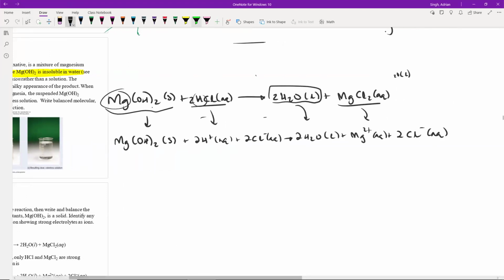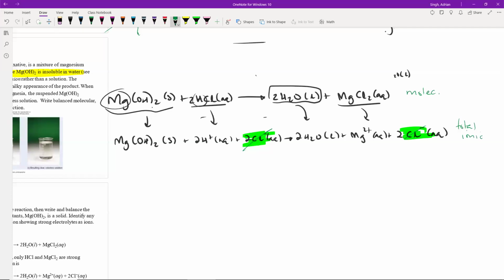Okay, so again, we look on both sides. What are the spectator ions? Well, we have the Cl minus on both sides of this equation. We can cancel those out. This first thing we wrote is our molecular equation, and this is our total ionic.